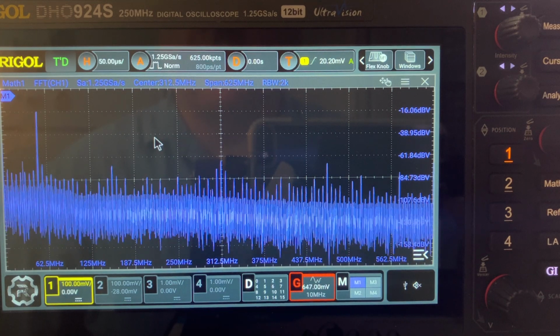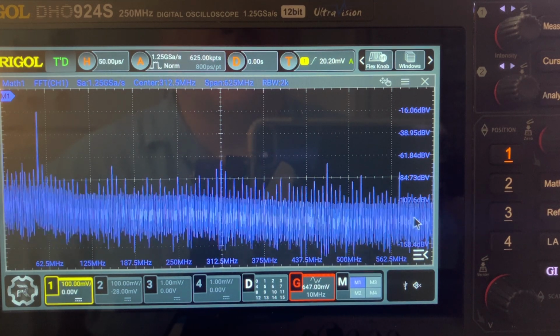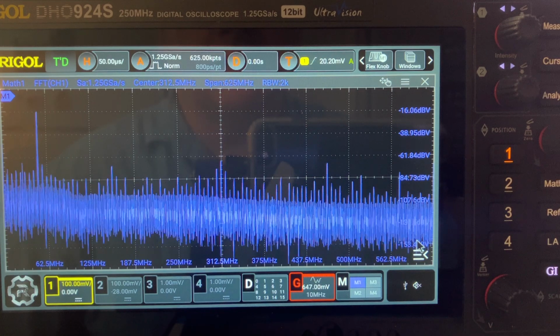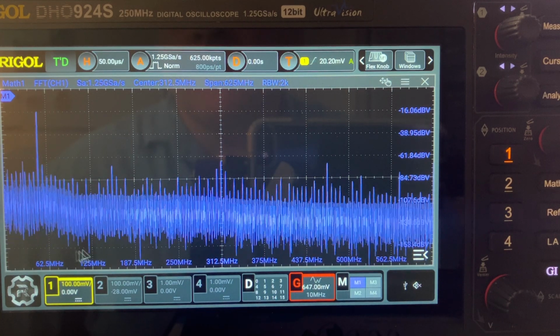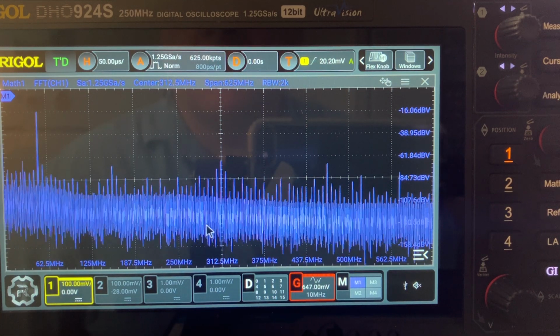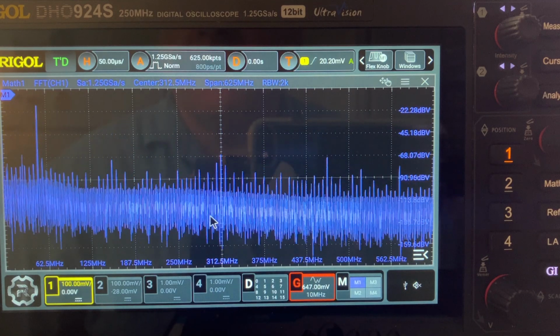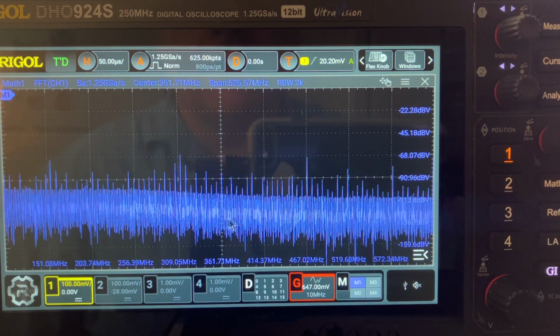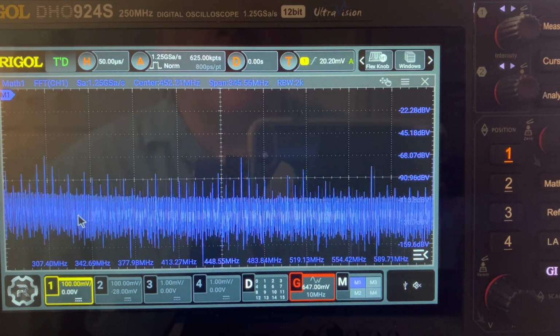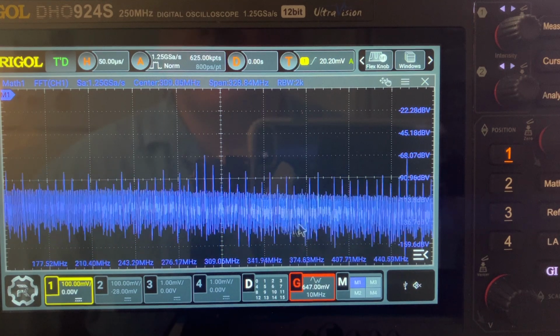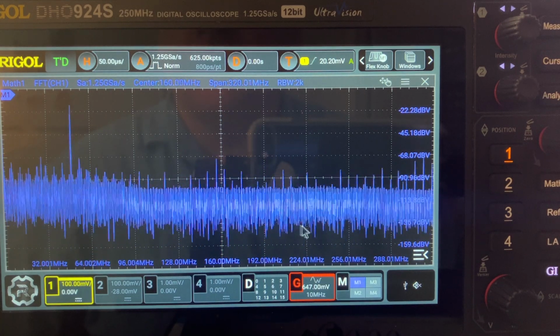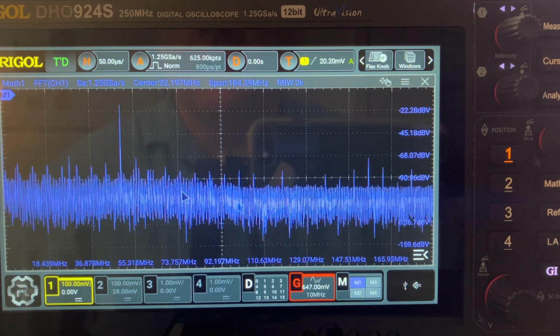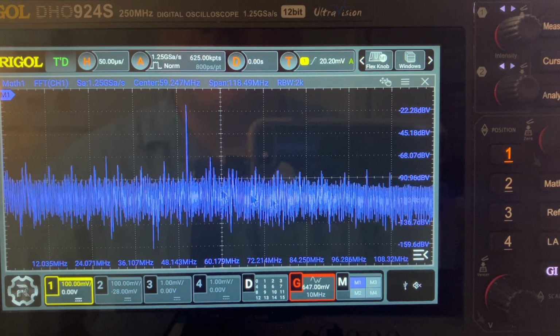Okay, from this setup, we have the maximum sample. We could sample up to 625. You could play with the display simply by dragging it. You cannot go beyond the frequency. You could move it left and right, but what will happen is it will zoom on the display.